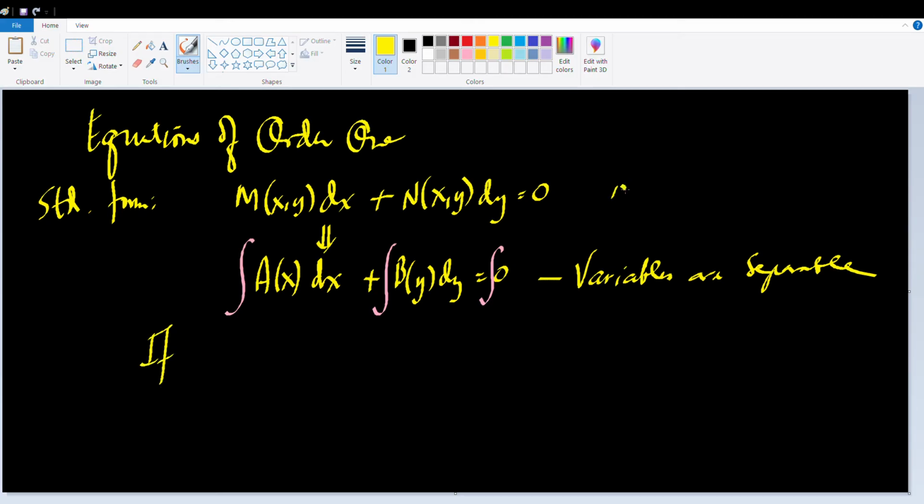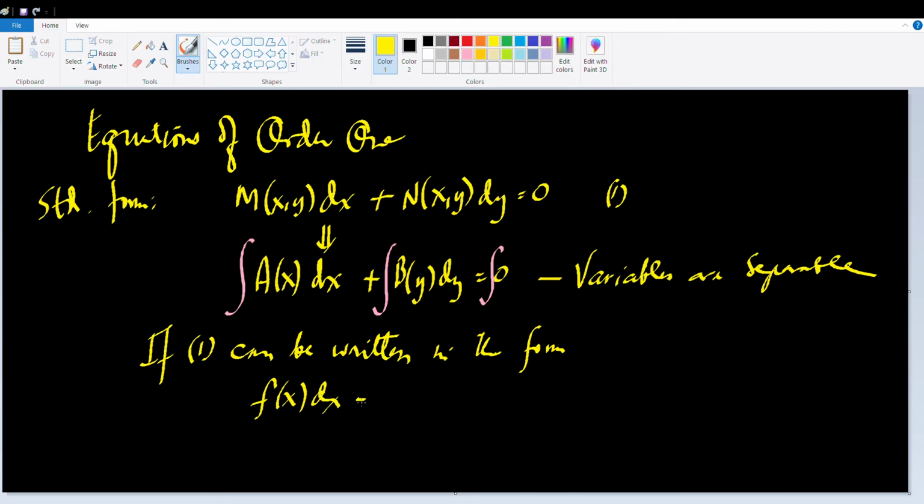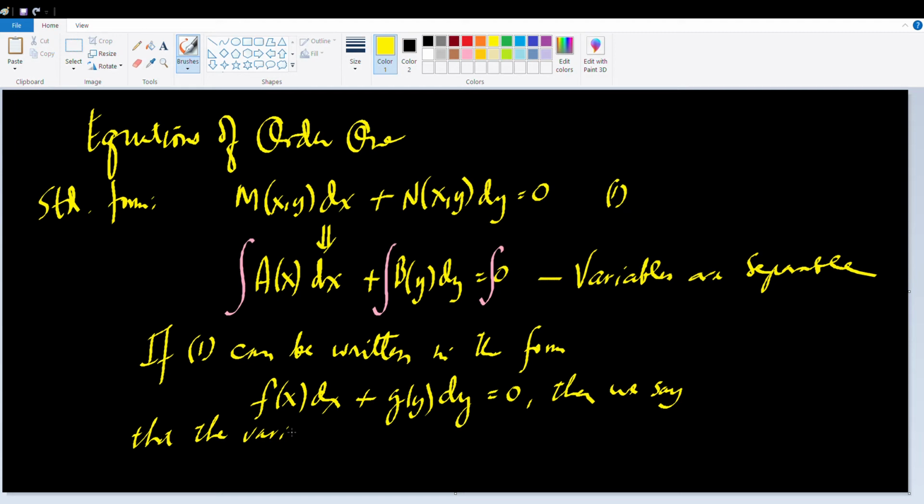If 1 can be written in the form f of x dx plus g of y dy equal to 0, then we say that the variables are separable.